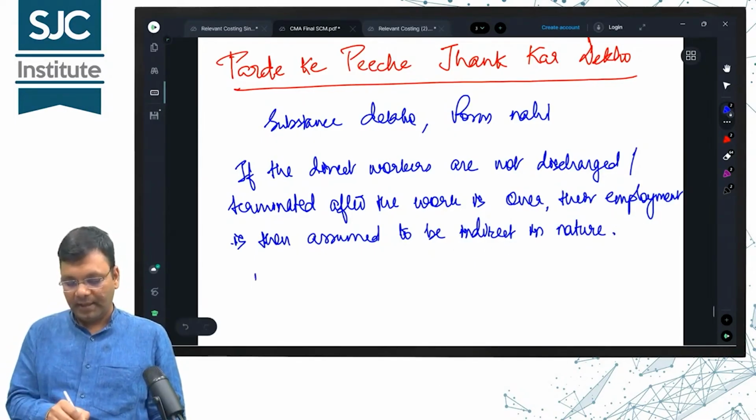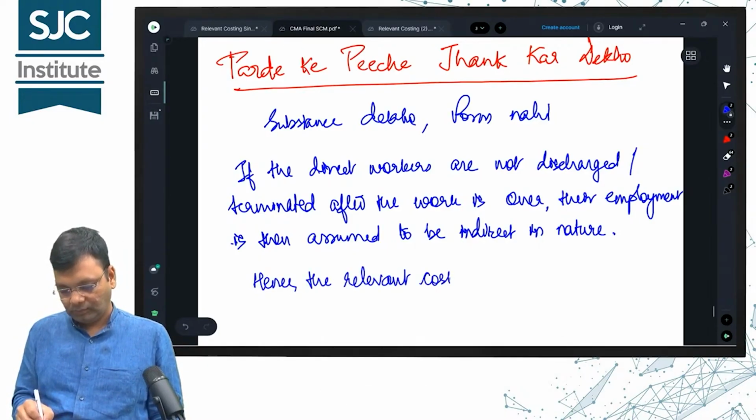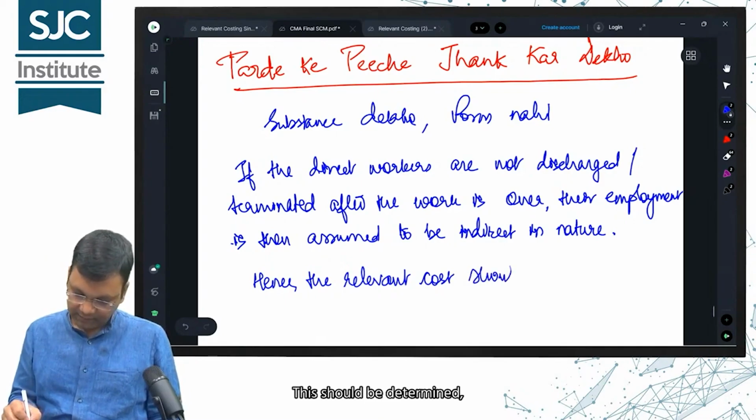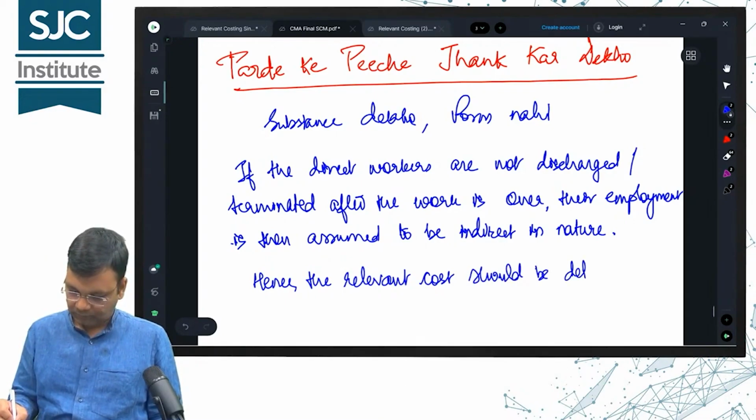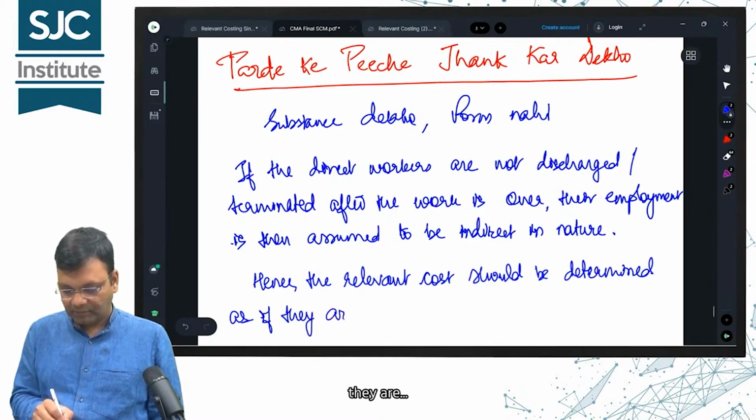Hence, the relevant cost should be determined as if they are indirect workers.